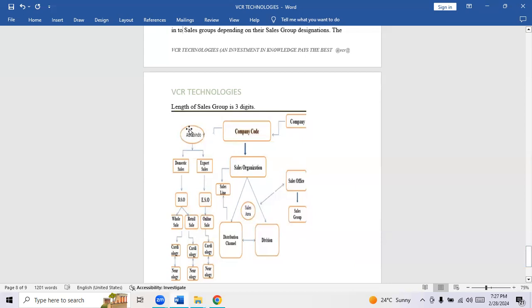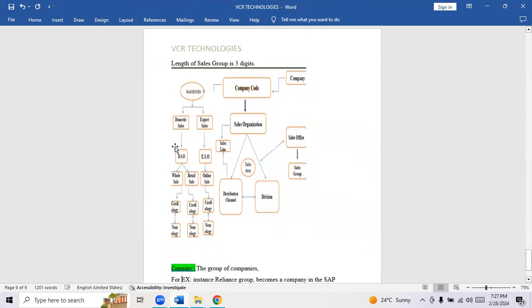Next step. This is the structure, and I will discuss one more example for your clarification. Please see here. Aurobindo is the client. Aurobindo client means company. Domestic sales and export sales are the company codes.